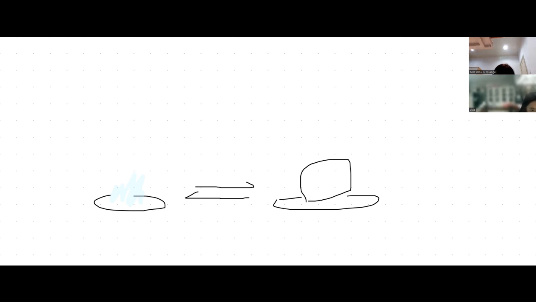And from here to here, it will be an endothermic reaction. Well, if you go from anhydrous cobalt to hydrated cobalt, it will be an exothermic reaction.